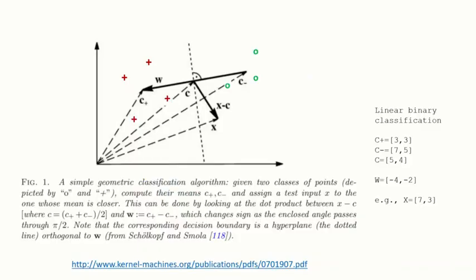So here is a small example of using dot product as a classifier to separate green dots and the red dots.